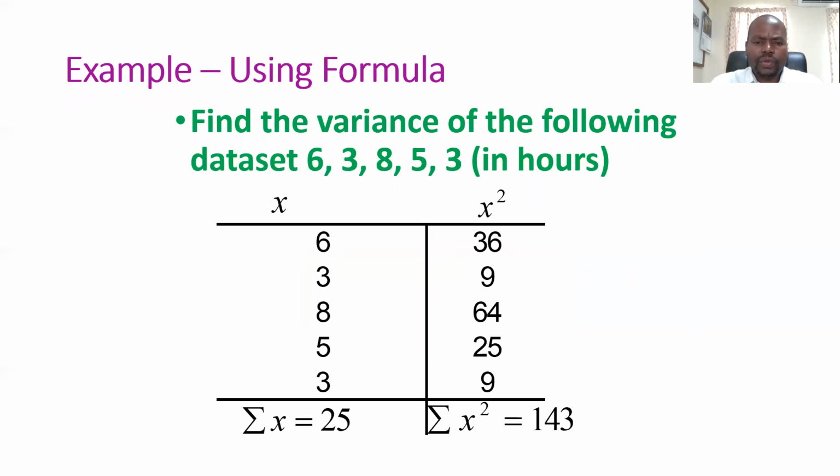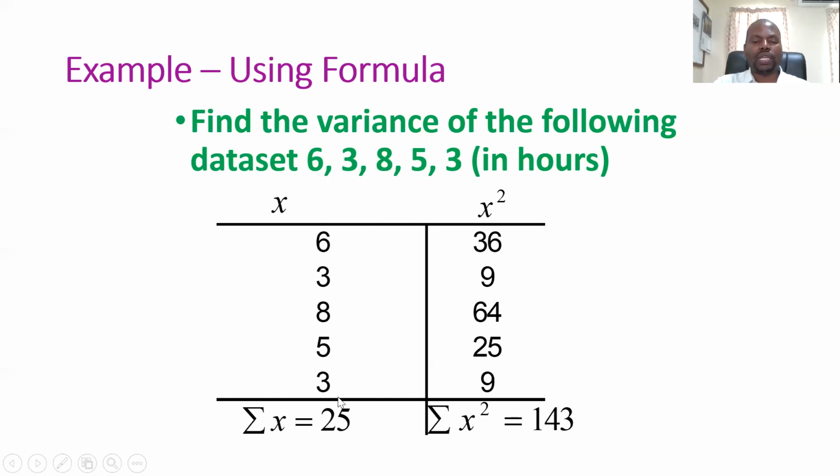Now, for this example, find the variance of the following data set. You have 6, 3, 8, 5, and 3 in hours. So what is the variance for this?